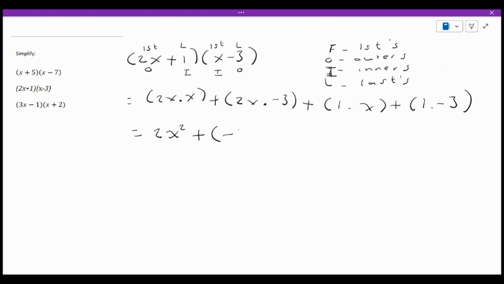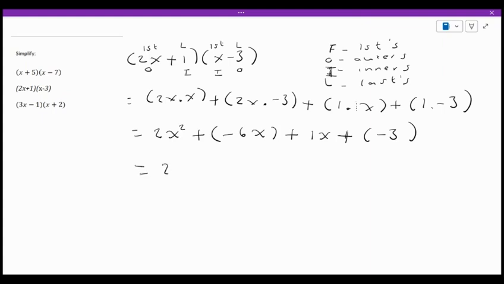What does that give us? Negative 6x plus, like I said, the numbers multiply each other. In front of this x, we know that there's an invisible 1. So 1 times 1 gives us 1x plus, there's a negative, so I'll want to put that in a bracket. So 1 times negative 3, it's negative 3.